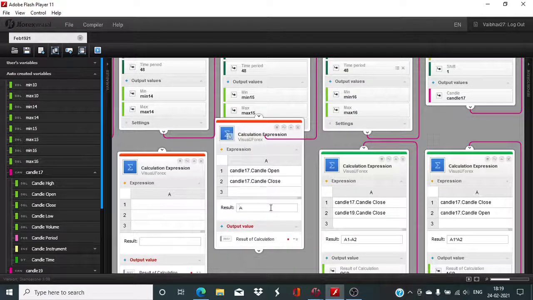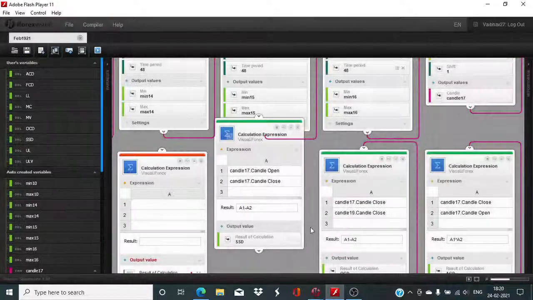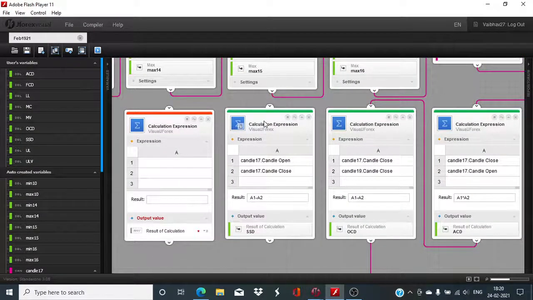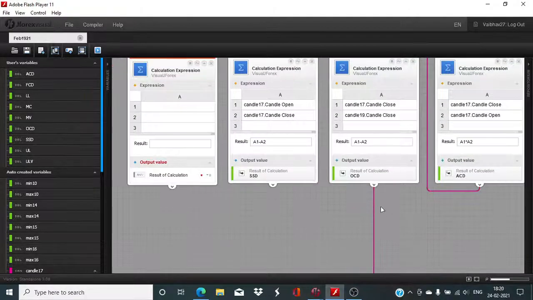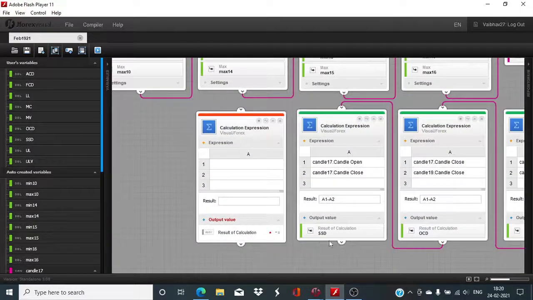Here it should be A1 minus A2, and this will be sell side difference. Okay, I will disconnect it and join it here.